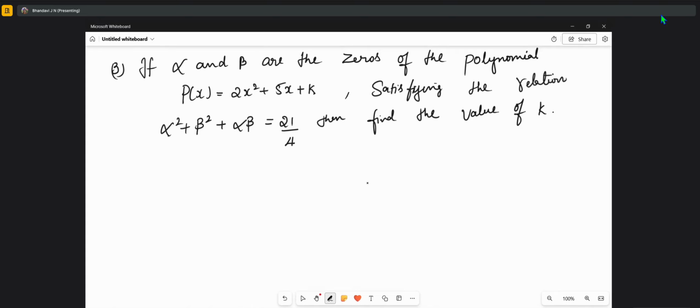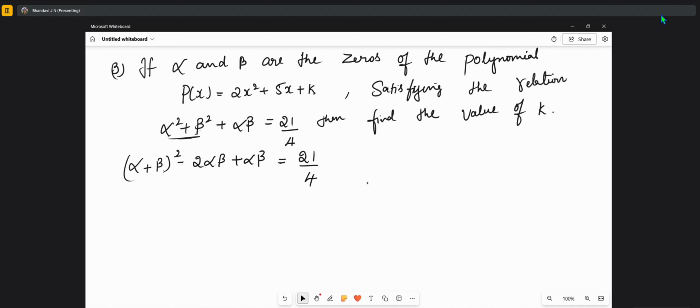See, alpha square plus beta square. This I can write as alpha plus beta whole square minus 2 alpha beta. Correct? Now plus alpha beta is there. Now this is equal to 21 by 4. I've written alpha square plus beta square as alpha plus beta whole square minus 2 alpha beta, and plus alpha beta is there, that is equal to 21 by 4.